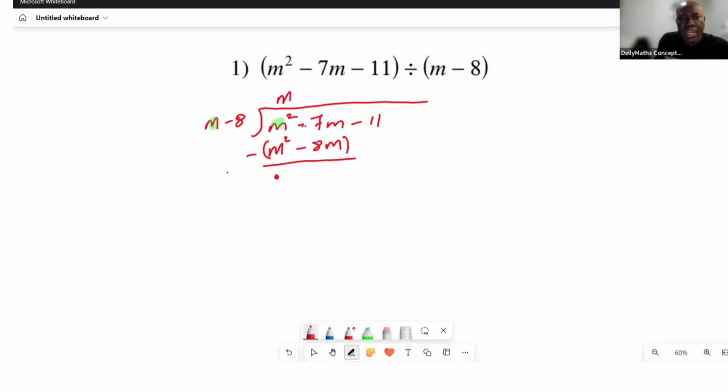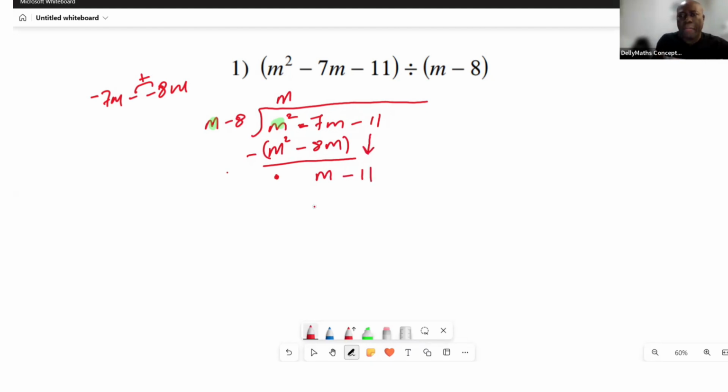That's gone. But -7m minus -8m, you could see that this becomes a plus. So we're looking at a +1m, which is just m. And then we're going to drop down this -11.